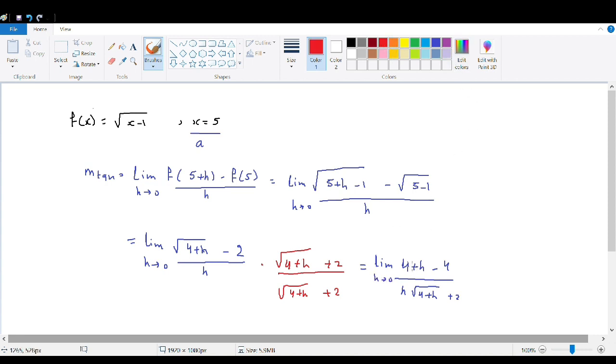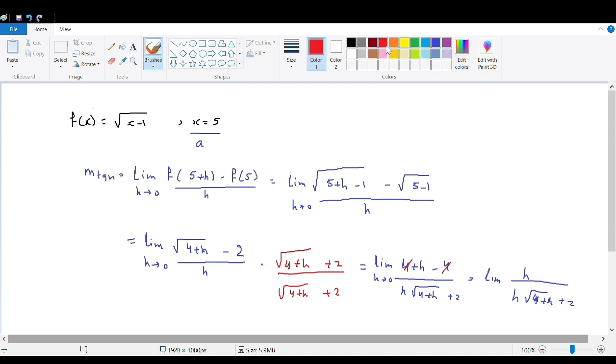Since here we have 4 minus 4, this will give us 0. So this will be equal to the limit of h over h multiplied by root of 4+h plus 2.